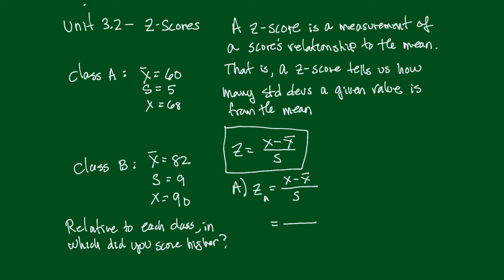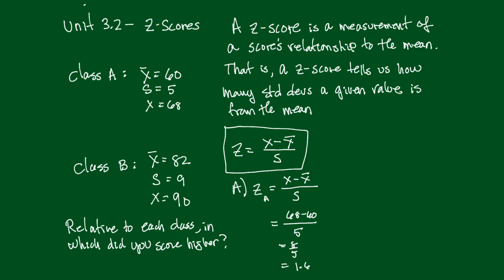So X for Class A was 68, minus the X bar, which is 60, all over S, and S is 5. That's 8 over 5, which turns out to be 1.6.